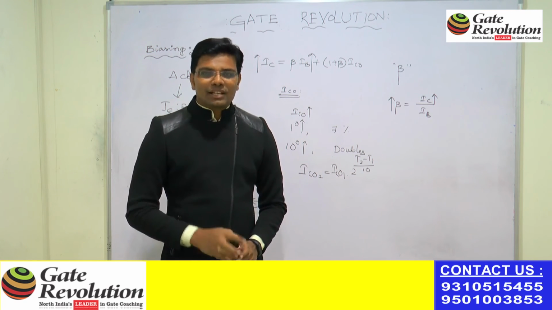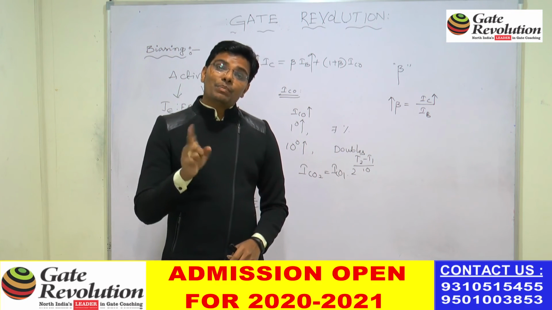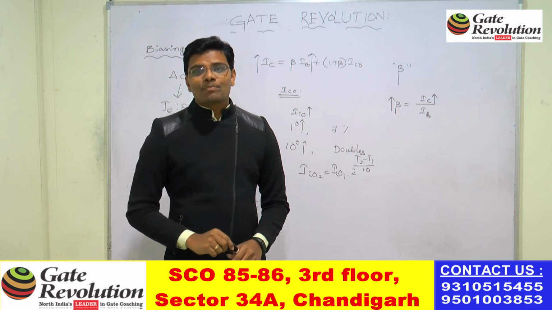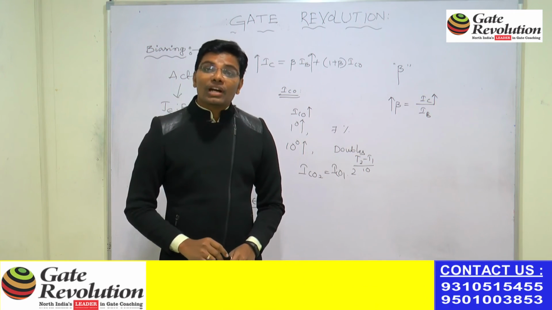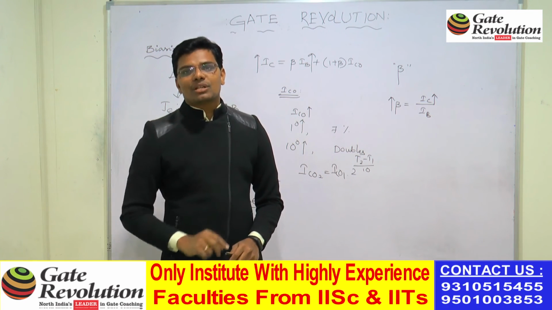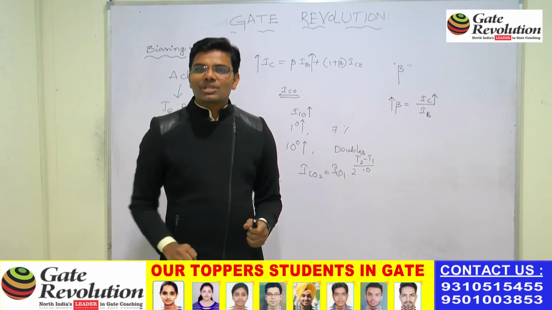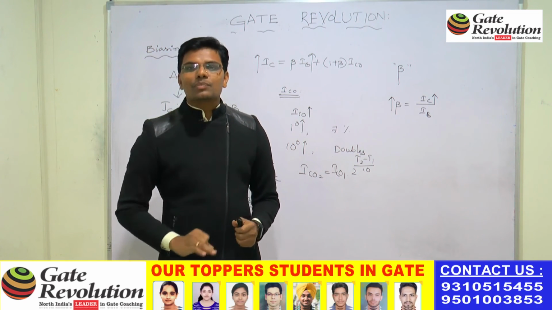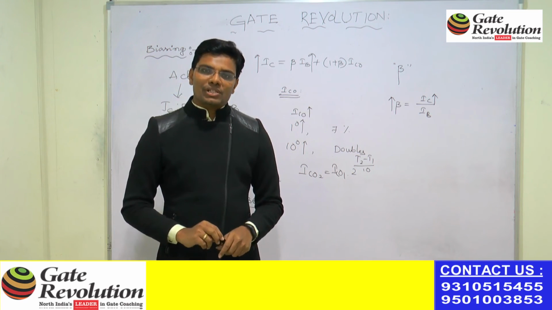Obviously we have the answer for this: we have to use compensation techniques. What are the compensation techniques we have? One is diode compensation, second is thermistor compensation, and third is transistor compensation.